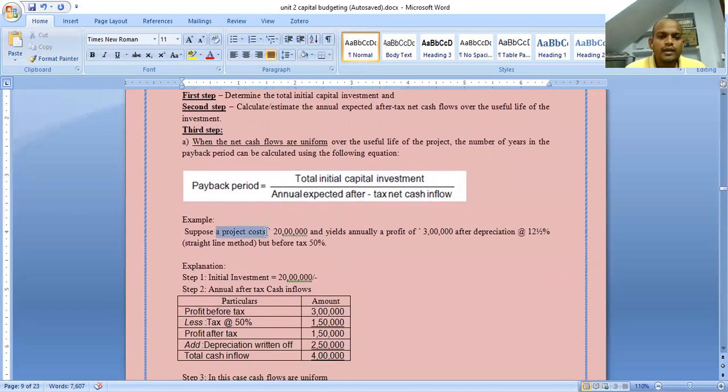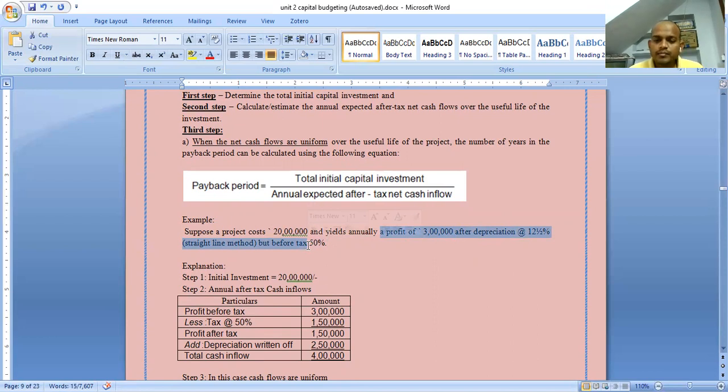Suppose a project costs 20 lakhs and yields annually a profit of 3 lakhs after depreciation at the rate of 12.5 percent, but before tax of 50 percent. Here we have to understand the language: annual profit after depreciation but before tax.